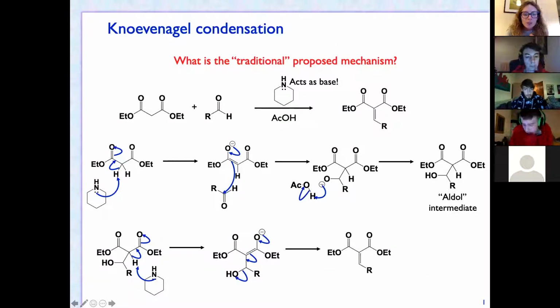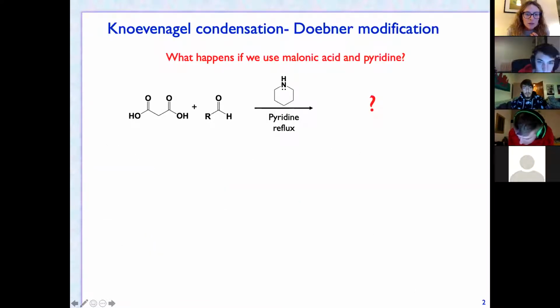Okay. So there's a reason why I wanted to discuss the Knoevenagel condensation, because you may or may not have seen this modified version of the reaction in the past. So can you tell me what happens if we use malonic acid instead of the ester and we reflux the reaction using pyridine as well?